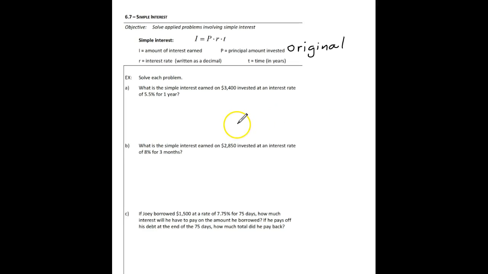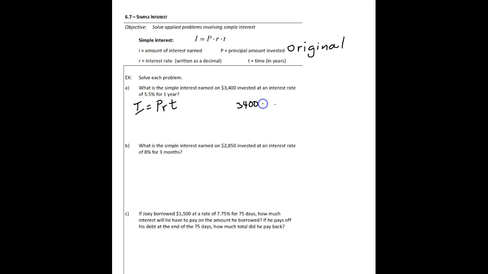What is the simple interest earned on $3,400 invested at an interest rate of 5.5% for 1 year? Okay? So we're going to take our formula, I equals P times R times T, and we're going to plug in the pieces that we know. So our principal, or original amount that we invested, is $3,400, okay?